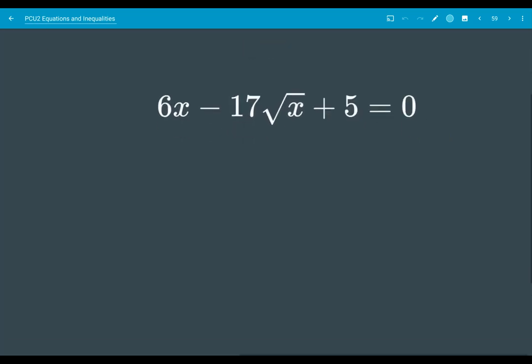Remember, u is the middle term, so u is the square root of x, and then we rewrite 6u squared minus 17u plus 5 equals 0. And then it's a simple matter of solving.